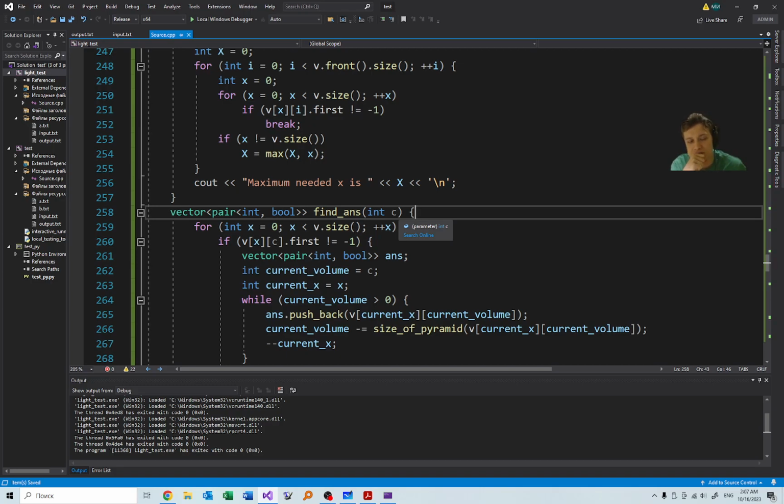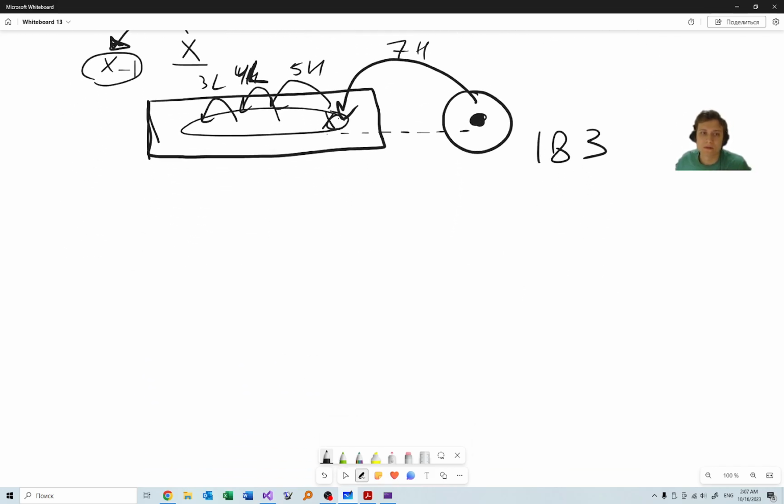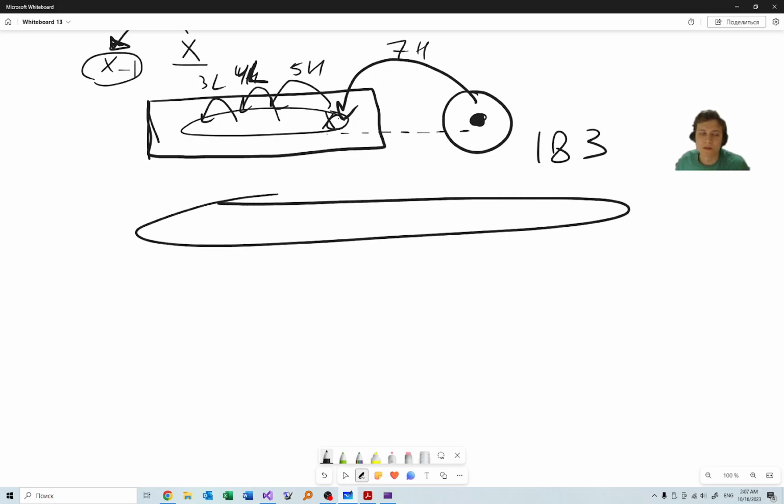How will we use it? For some position P, I know that I can get to home in X steps.